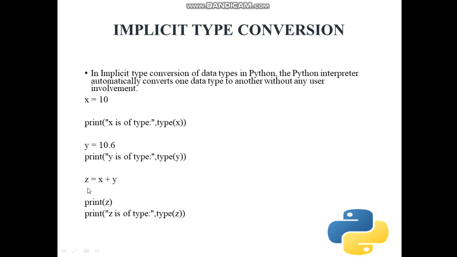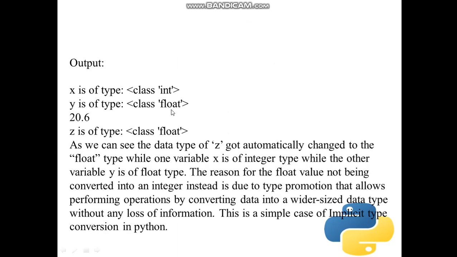So what is the data type of z? Your interpreter will automatically convert the data type of z to float data type. This is called implicit type conversion. See the output: x is of type class int, y is of type float, and z is of type class float. So the interpreter directly converts the data type of z to float data type.